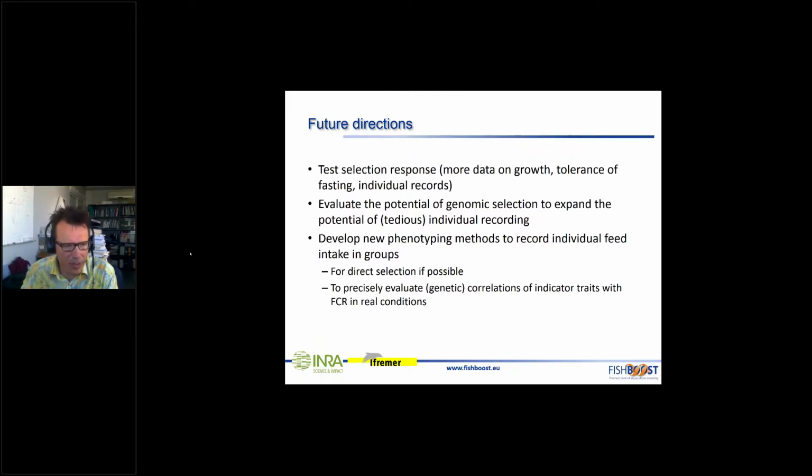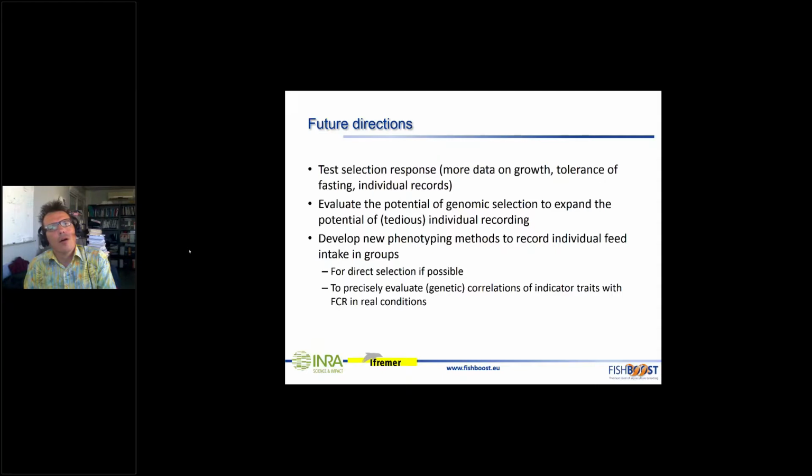I see a question about marker-assisted selection, QTLs for growth. There is one from Leonidas. Do you have any indication about growth in case of restricted feeding and ad libitum feeding?